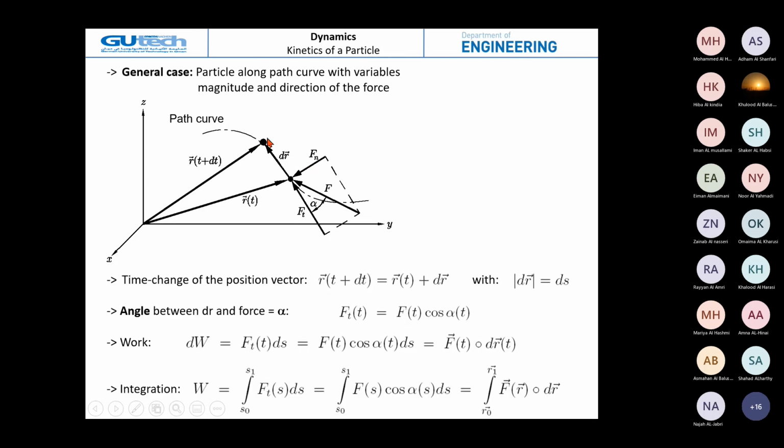Then the position vector at time t plus dt is equal to the position vector at time t, r, plus dr. This is the summation of two vectors, r and dr. Now if we take the magnitude of r, it is s.